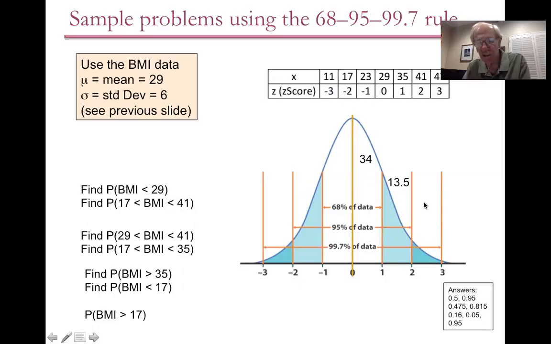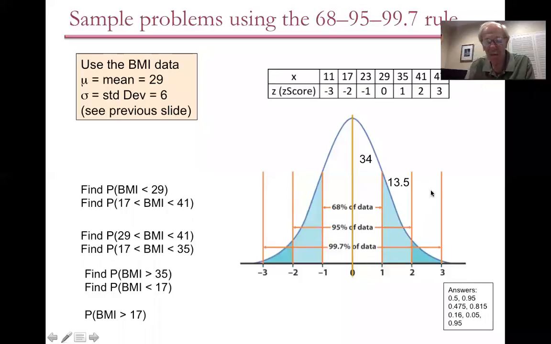And then this area here is, what is this, 2.5% or something like that? Let's see, 47.5. Yeah, this is about 2.5%. This is a little less than 2.5%.